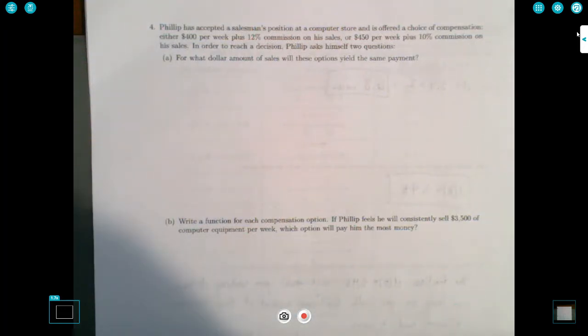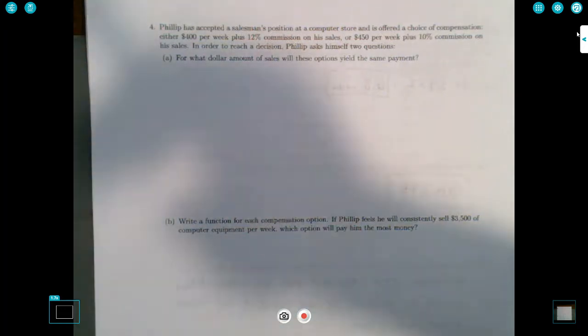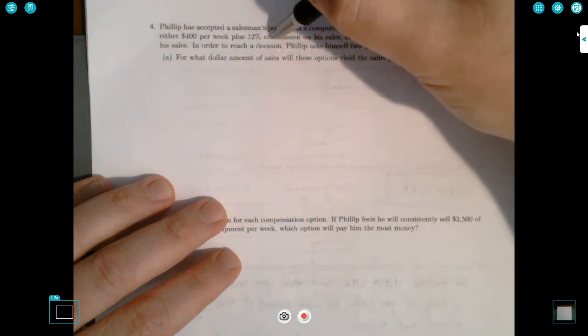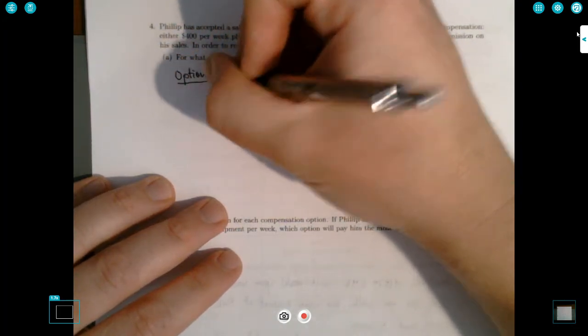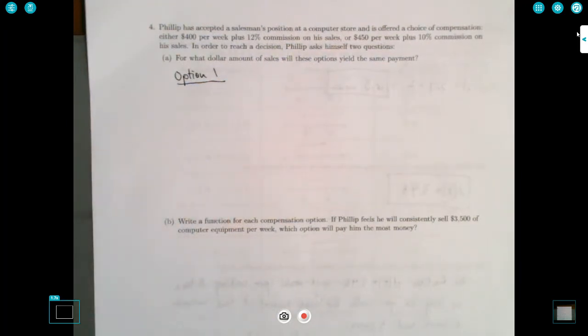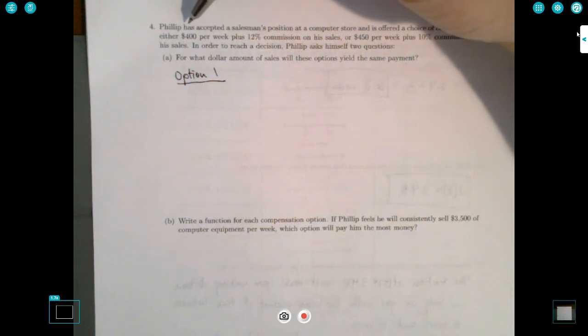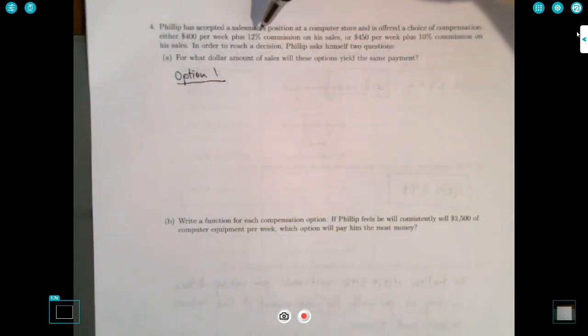Well, in order to answer that question, I think the first thing we would want to do is come up with an expression for how much he's going to make using each option. So I'll call this first option option 1. How much is he going to make for option 1? He's going to earn $400 regardless of how much he sells, but then he's also going to earn a 12% commission on how much he sells.